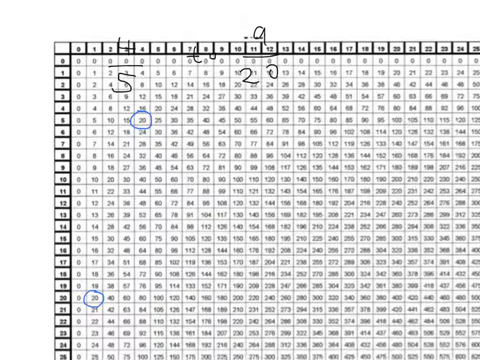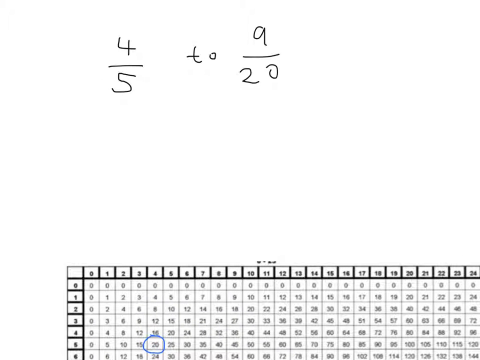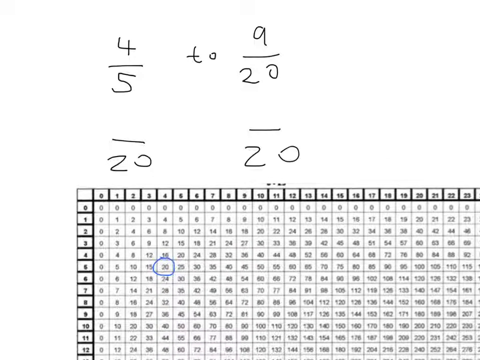So let's write that down. Now the next question is to ask ourselves, what did we multiply 5 by to get to 20? Well, if we look at what we circled here, we'll see that 5 multiplied by 4 equals 20.